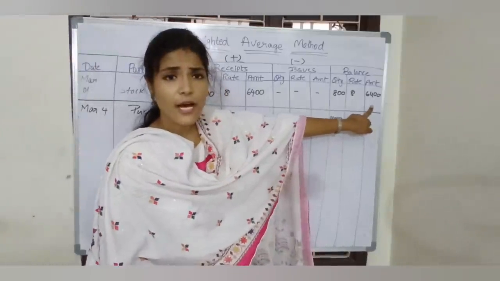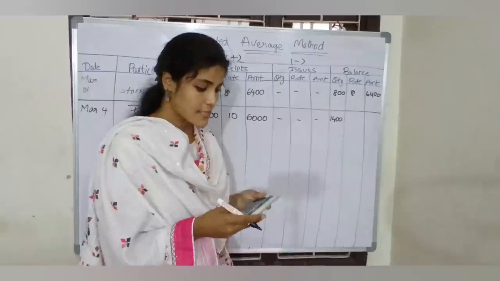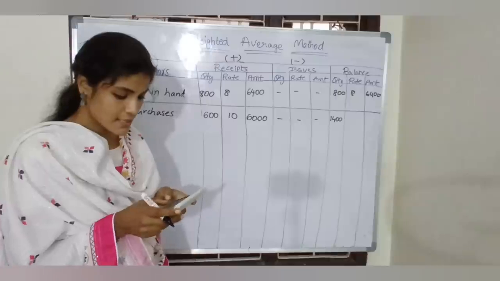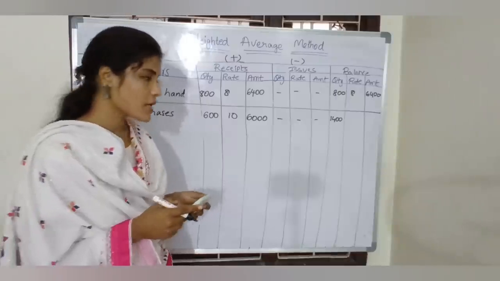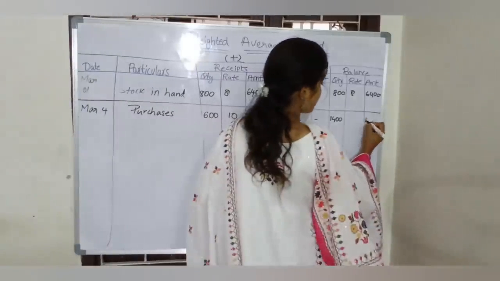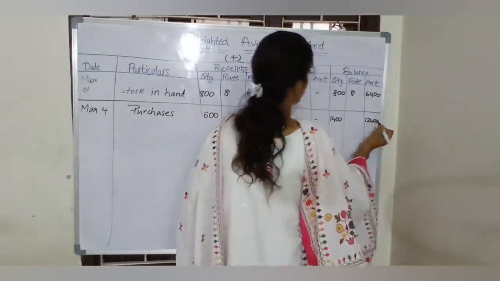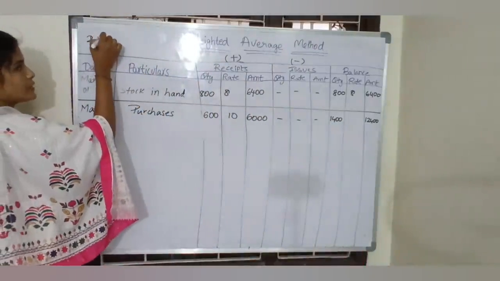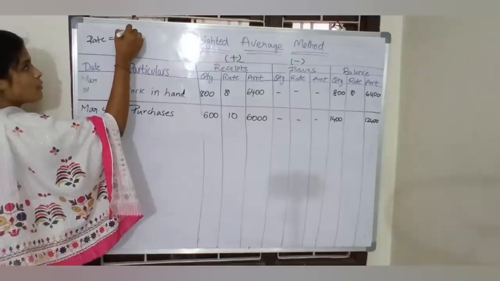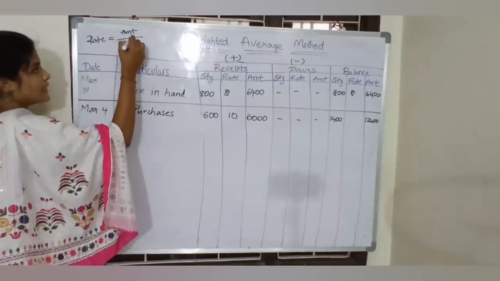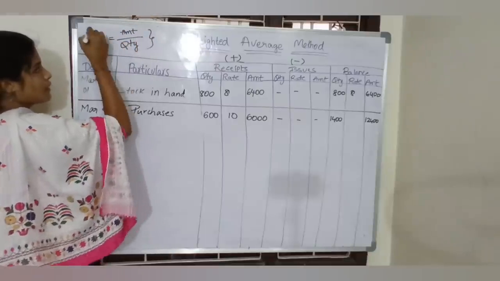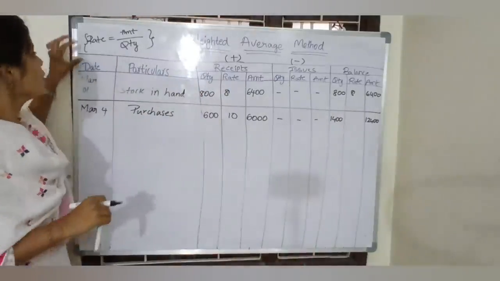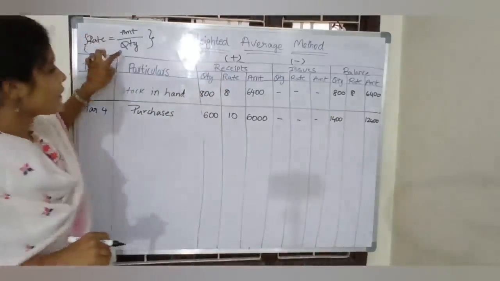Amount: what do you have in the previous entry? 6400. Now the new amount is 6000. 6400 plus 6000 is 12,400. Understood? To find out the rate, what is the formula? Amount by quantity.